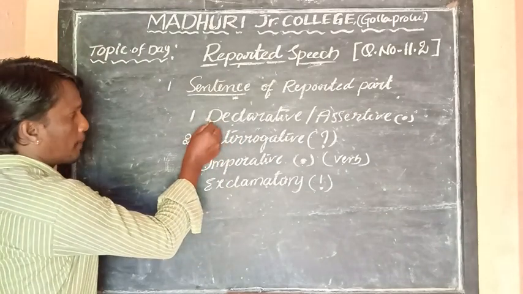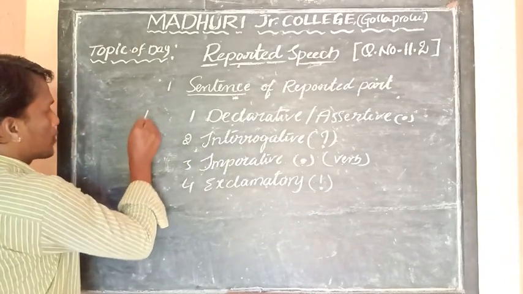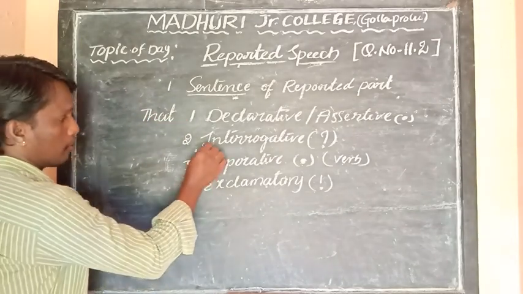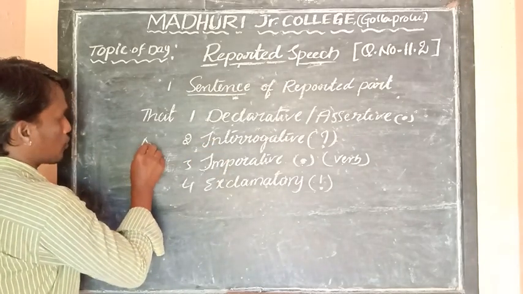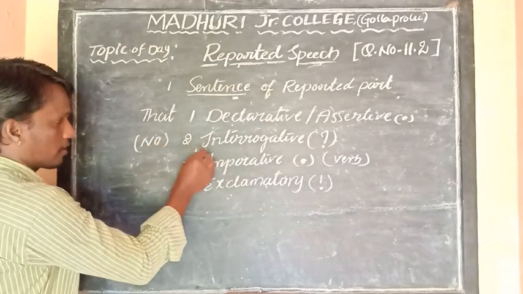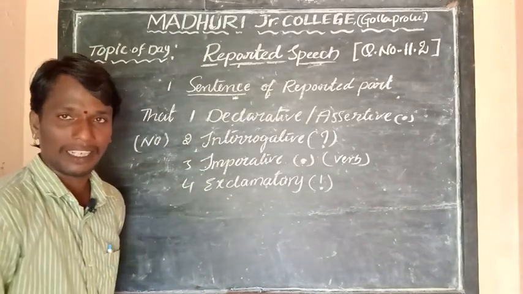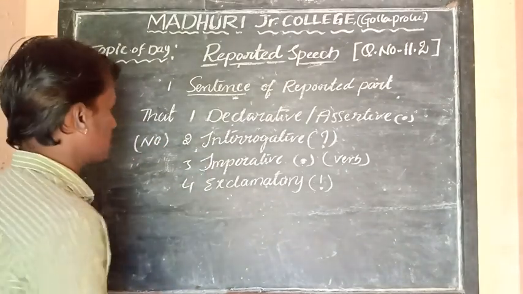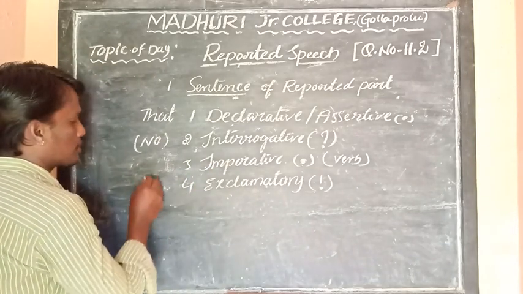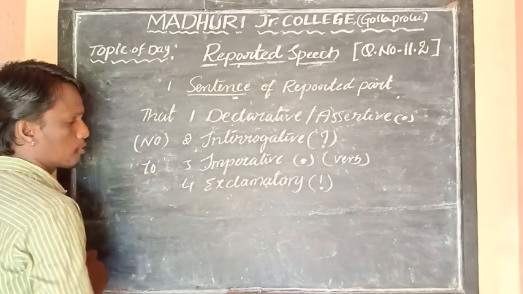First, if you find a declarative sentence, you should take the conjunction that. Whereas if you find an interrogative sentence, you should not use a conjunction. Instead of a conjunction, whatever interrogative pronoun is given in the interrogative sentence, you should use it. And when you find an imperative sentence, you should use to.